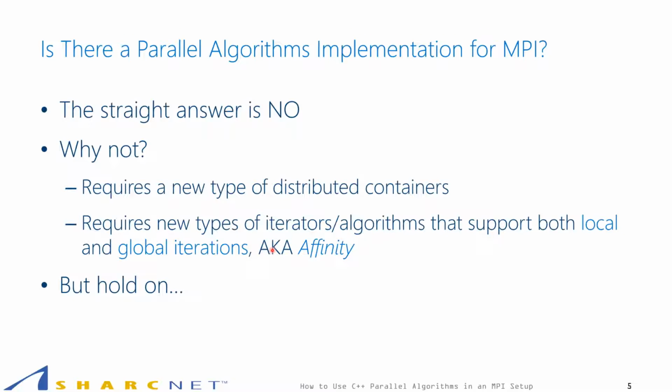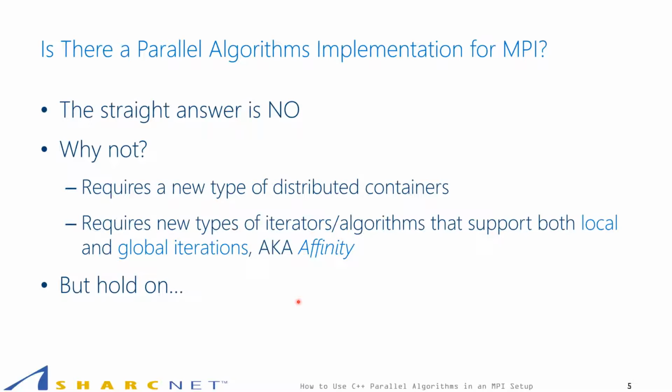And there is also a need for new types of iterators and algorithms that support both local and global iterations, a concept also known as affinity that I will cover later today. But this is not the end of the story. There is an alternative solution which doesn't have all the bells and whistles of C++ 11 parallel algorithms, but has more or less the same interface.